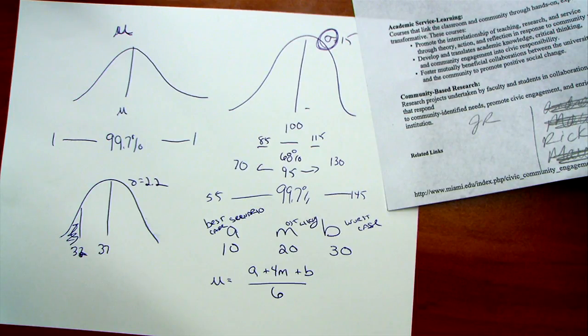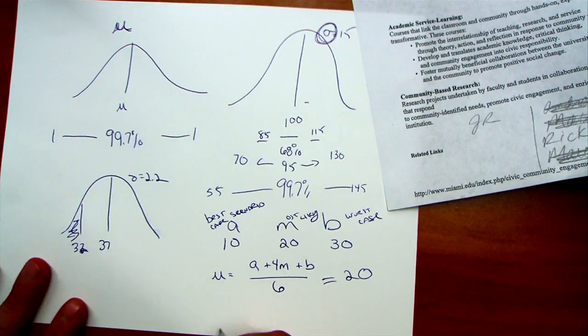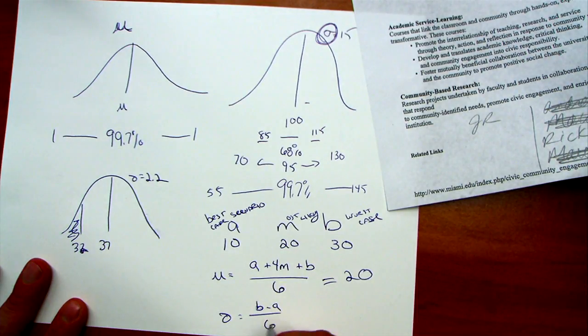But it's a weighted average where it's giving 1/6 of the weight to the best case scenario, 1/6 of the weight to the worst case scenario, and 2/3 of the weight to the most likely scenario. So in this case, it's going to come out to 20 because of the way I did it. And then the standard deviation is B minus A, the worst case scenario minus the best case scenario, divided by 6. 30 minus 10 is 20 divided by 6.